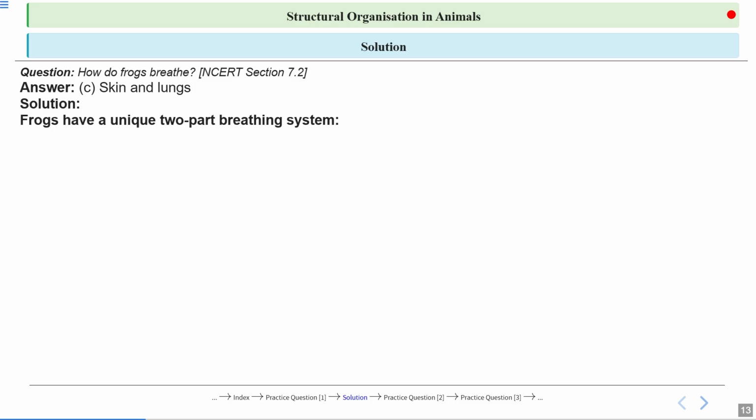So frogs have a unique two-part breathing system. The first one is the lung. Adult frogs have a pair of lungs that they use for breathing air. The lungs are seen only in the adult frog, not in the tadpole larva. In the tadpole larva, they have gills.